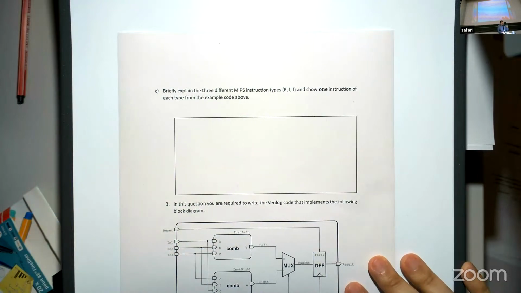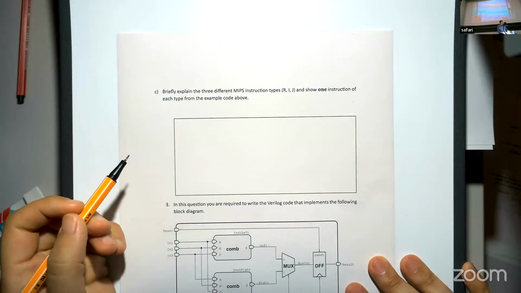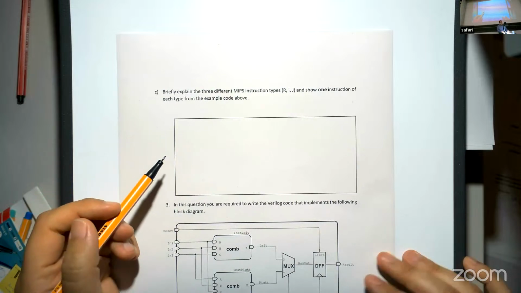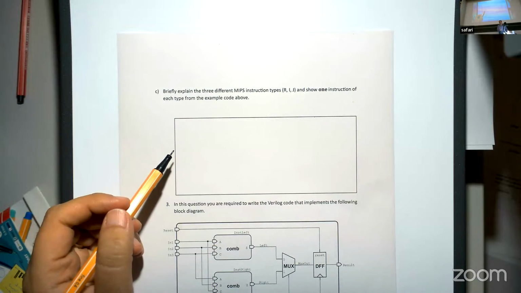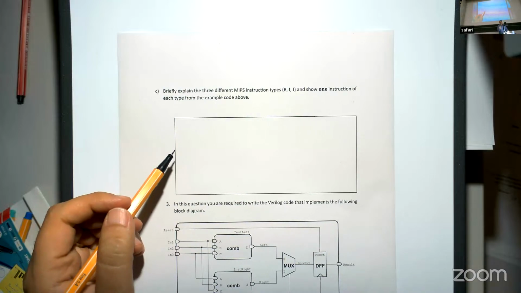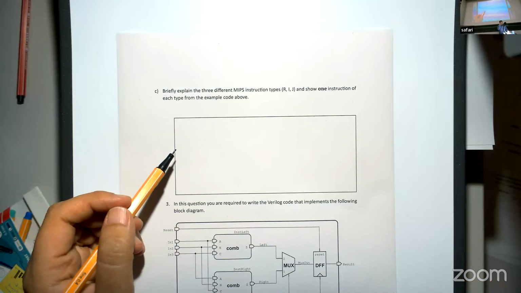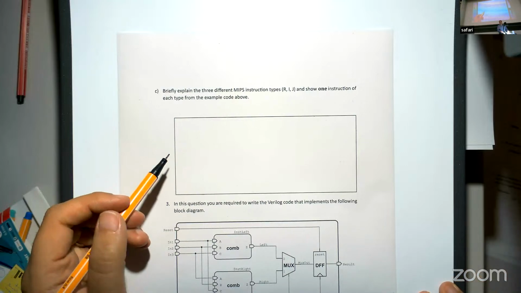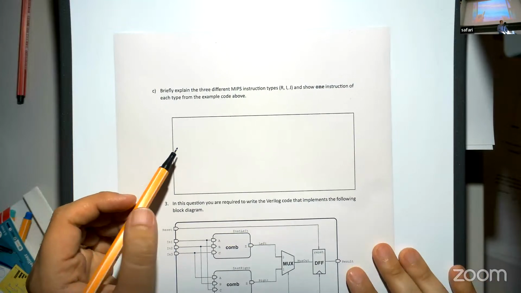Briefly explain the 3 different MIPS instruction types, R, I, J, and show one instruction of each type from the example code above. You know that R-type instructions usually have operands from registers, usually 3 register operands. That's one key thing about the R format that you need to mention. If you want to go deeper, you can say that the opcode for R-type is 0, and then we differentiate between different R-types by the function code.